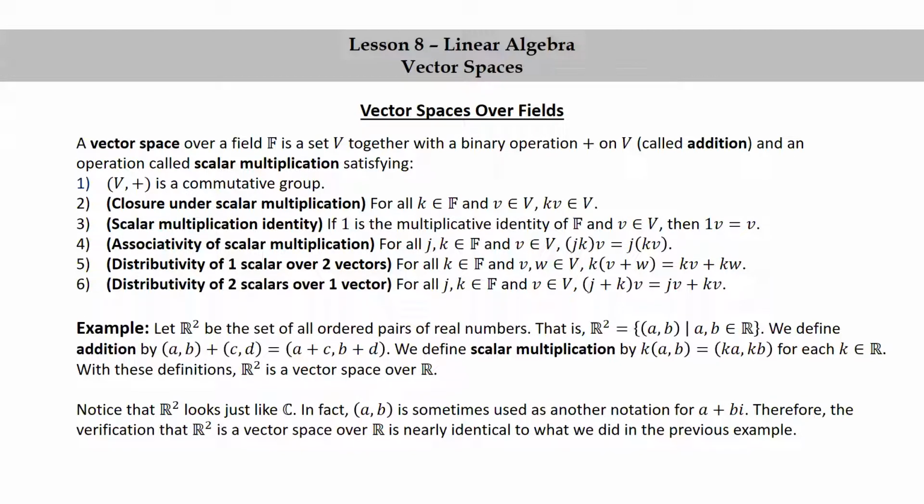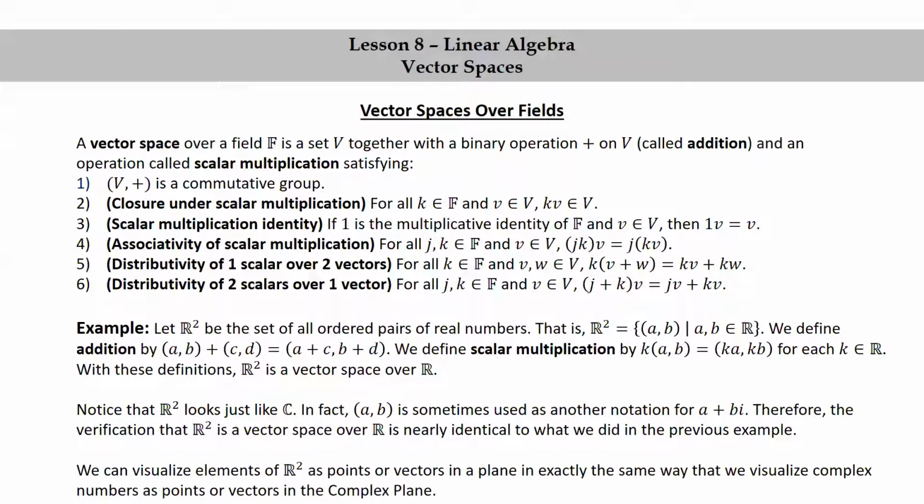Therefore, the verification that R2 is a vector space over R is nearly identical to what we did in the previous example. We can visualize elements of R2 as points or vectors in a plane in exactly the same way that we visualize complex numbers as points or vectors in the complex plane.